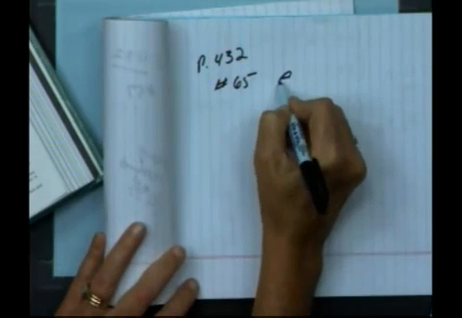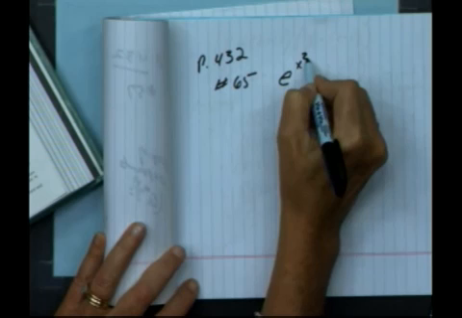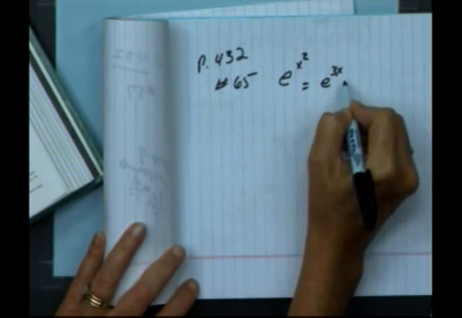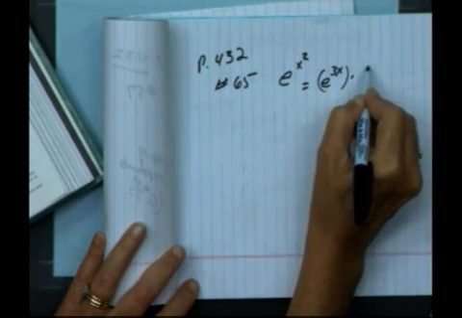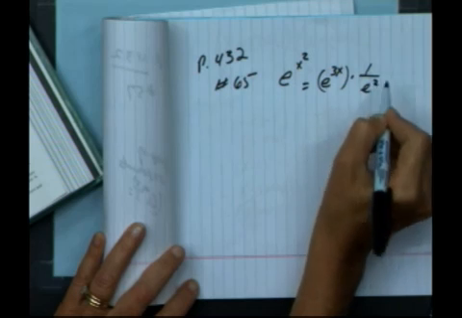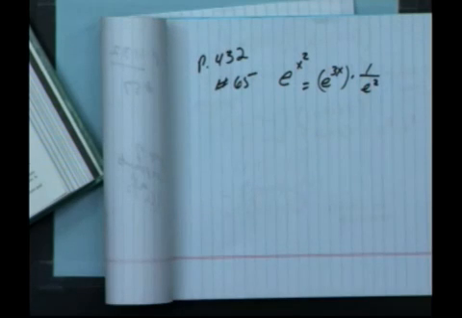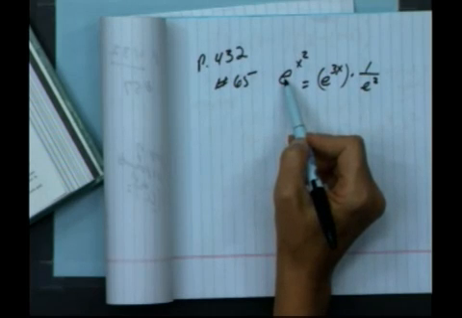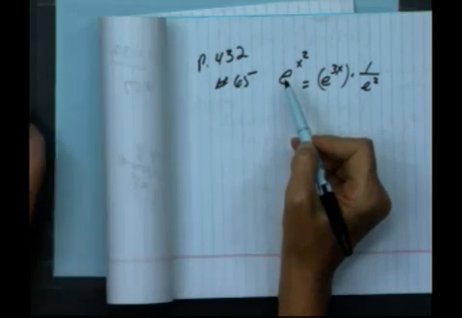So we have e to the x squared equals e to the 3x, parentheses, times 1 over e squared. Okay, remember e is that number that's about, what, 2.72?